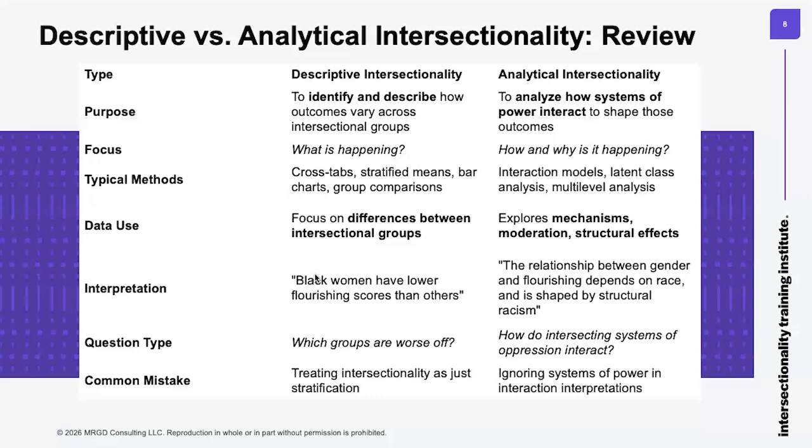So mechanisms, moderation, we even put structural effects under analytical. And so this is a really good reference guide to refer back to while you take this journey and think more critically about which method, descriptive or analytic QIR, you're going to use.